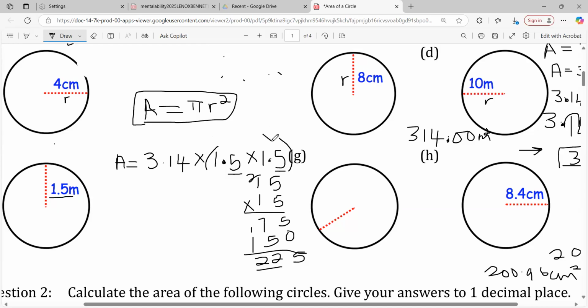So we have a 5 after the decimal point and this 5. And we know 1 and 1 are 2, right? So we are going to bear that in mind: all right, these are 2 decimal places. But what we're going to do, we're going to multiply the 225 by the 314.